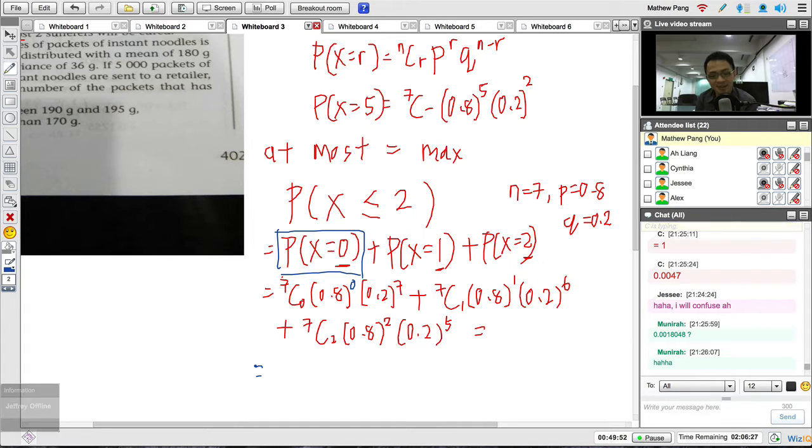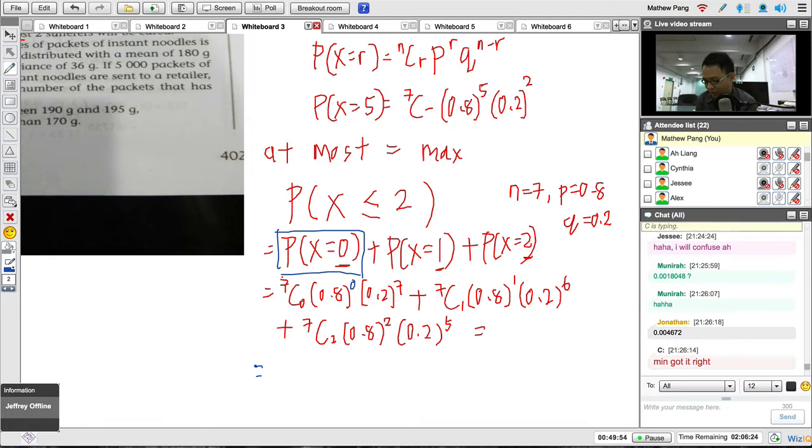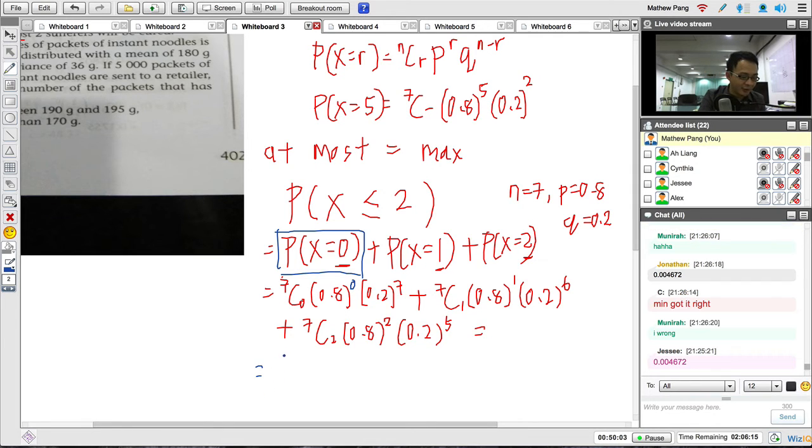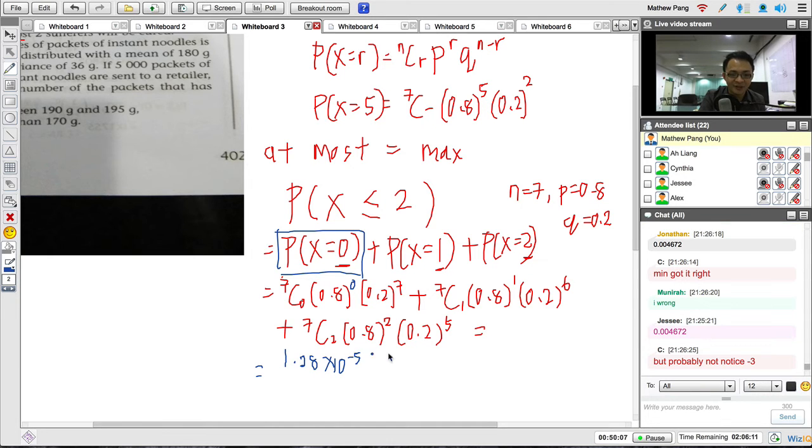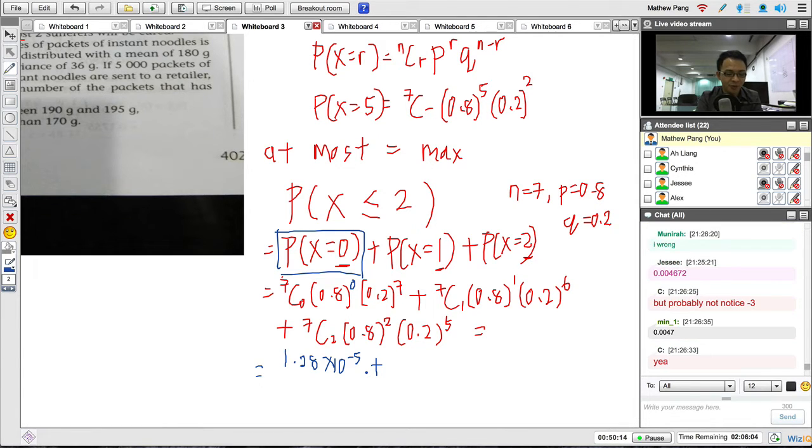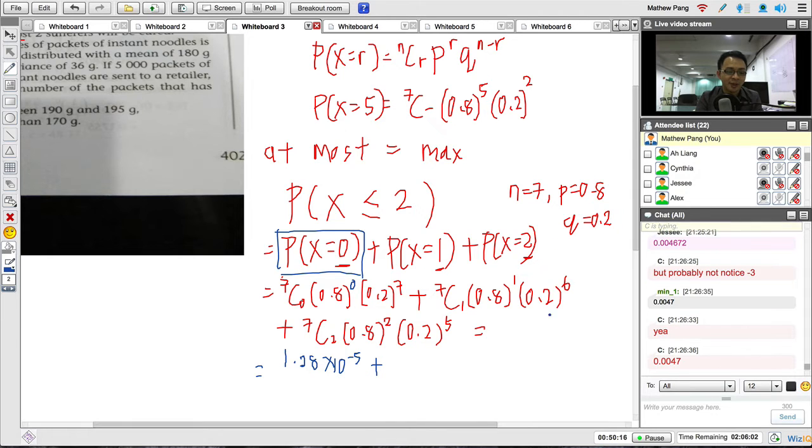Okay, 7c0 multiplied by 0.8 power of 0, and then multiplied by 0.2 power of 7. The first one I get here is 1.28 times 10 power of negative 5. Plus the second one, 7c1 times 0.8 times 0.2 power of 6, is 3.584 times 10 power of negative 4.